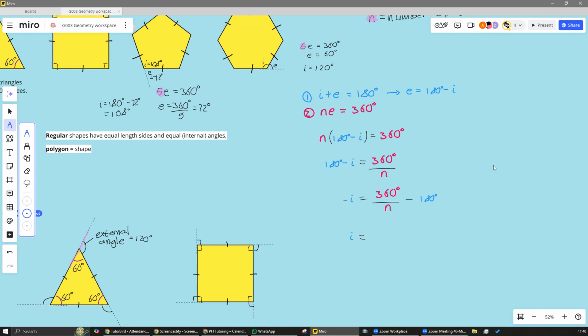When you take away a negative, you get a positive, so you'd end up with negative 360 degrees over n plus 180. Let me just say that again. It would be negative 360 degrees over n, then plus 180. So that could be rewritten as just 180 take away this.